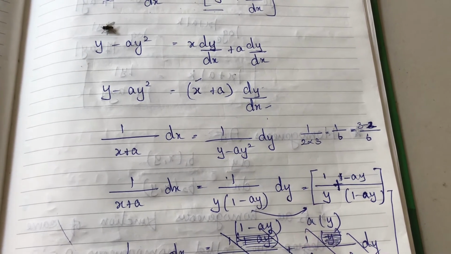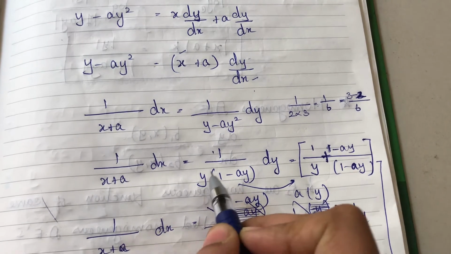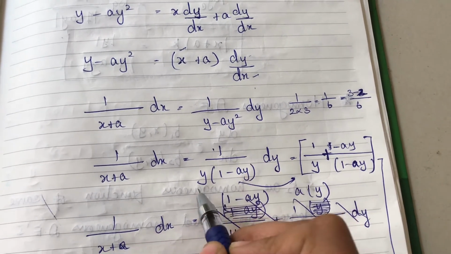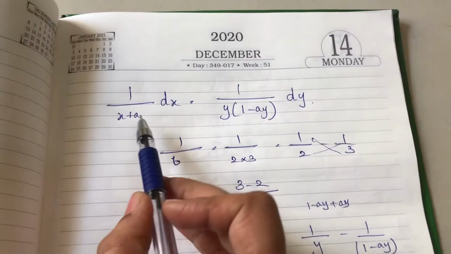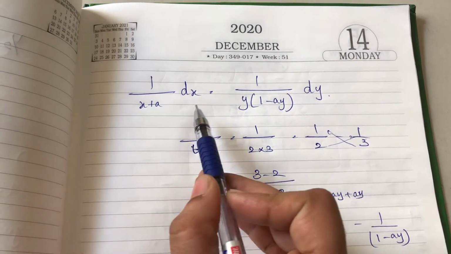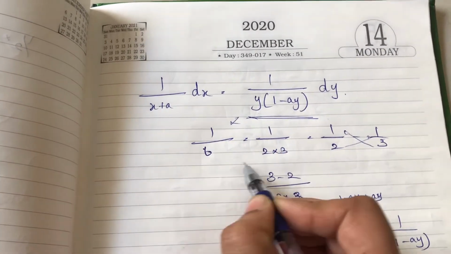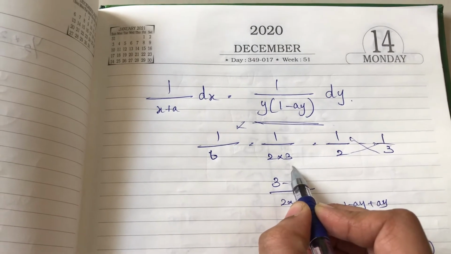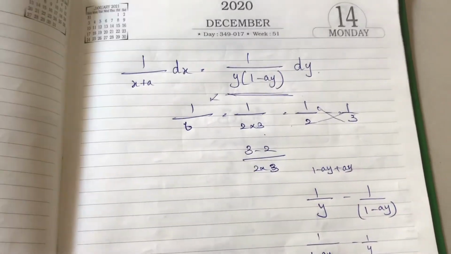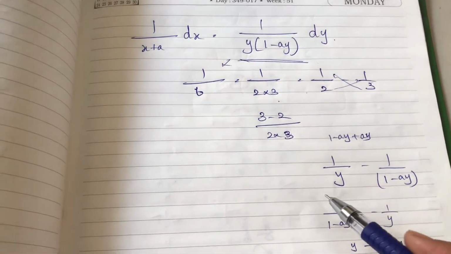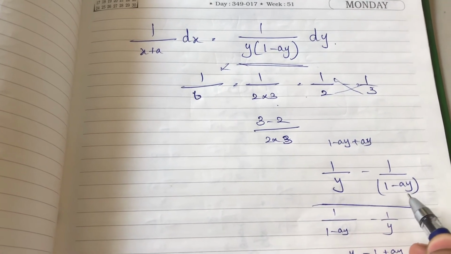Is it okay? Yes. After that, 1 by x plus a into dx is equal to 1 by, I am just taking y outside. So, 1 by x plus a into dx, this is a term. You can see here this is like 1 by 6. 1 by 2 times 3 is 6, right, which I can write as 1 by 2 minus 1 by 3. Likewise I will write this as 1 by y minus 1 by 1 minus ay.